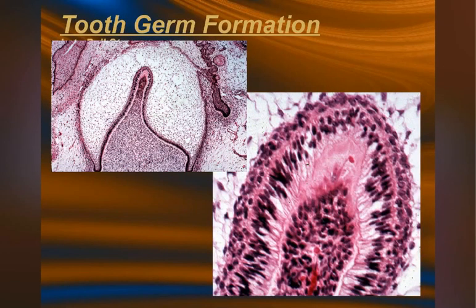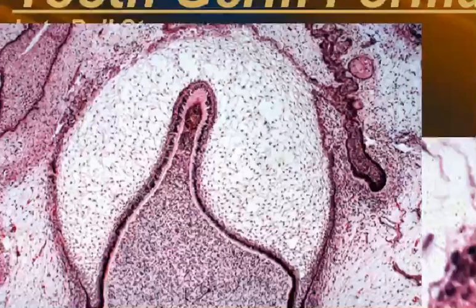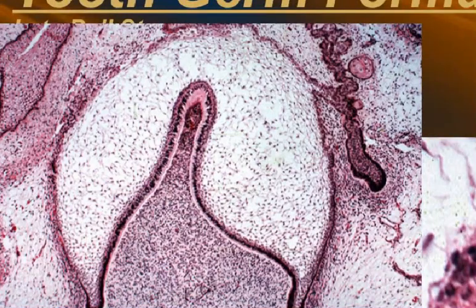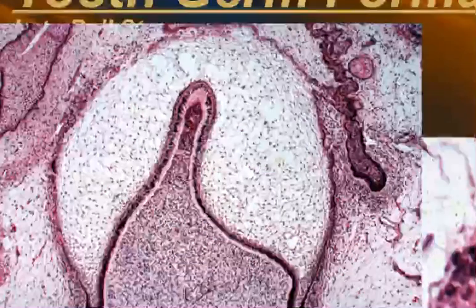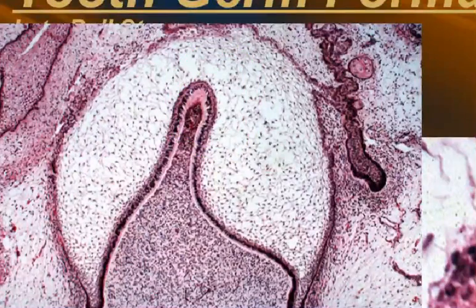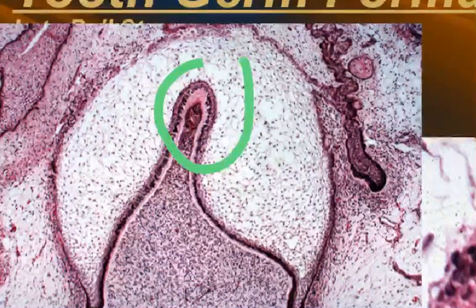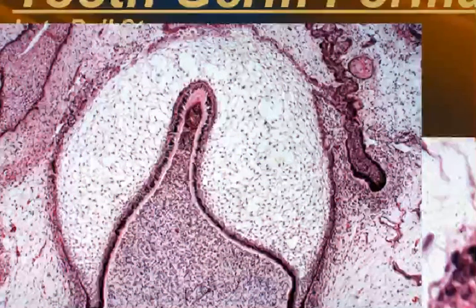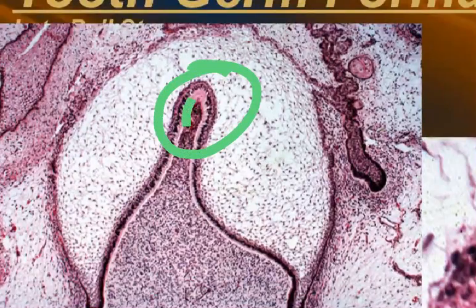Here we have a tooth germ, and notice that this is at late bell stage. Why late bell stage? Because there is secretion at the cusp tip or incisal edge. This material is dentine, mineralized dentine, newly secreted dentine.